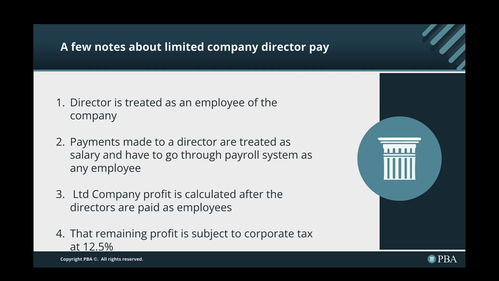And that sounds great, but just remember that if you as a director want some of that money after the corporation tax has been paid on it, you're still an employee, so anything you take will be taxed at income tax rates.